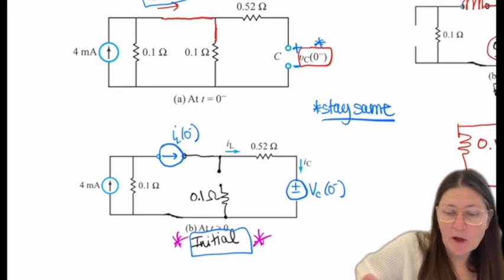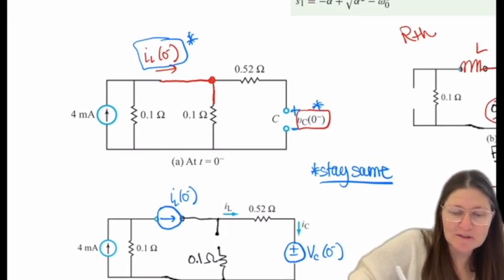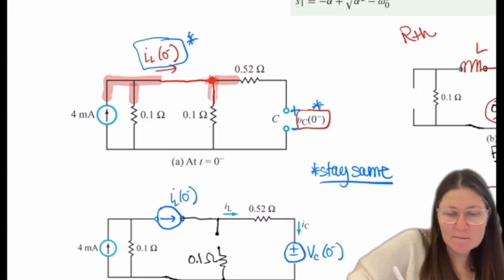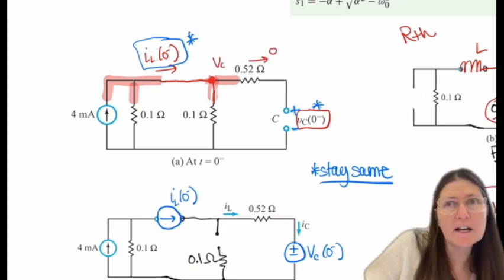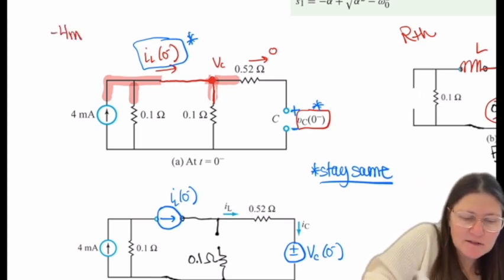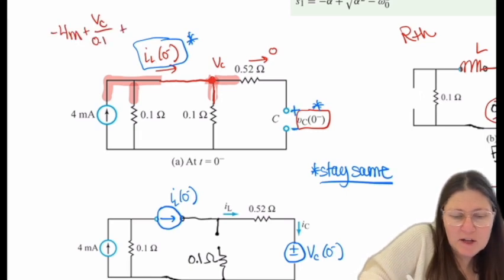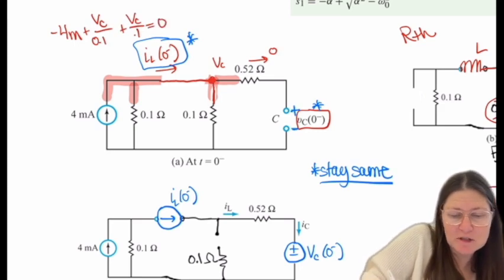So solving this to find VC of 0, you guys know I like node voltage, so I'm going to label this top one all the same. And I'm just going to call it VC because there's no current here, correct? So my equation is minus 4 milli plus VC over 0.1 plus VC over 0.1 and then 0 for that other, so that's my equation.